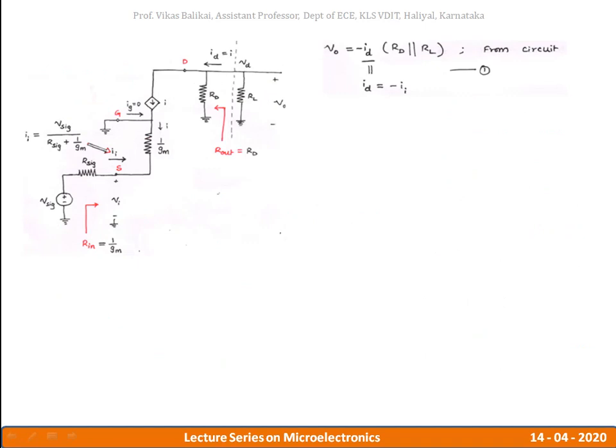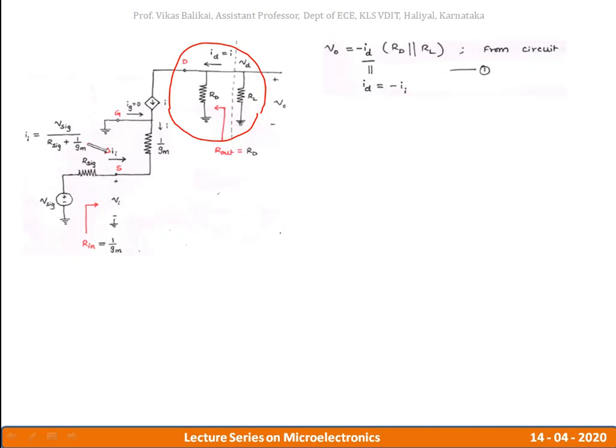The output voltage is taken across the load resistance, and along with the load resistance there is one more resistance, Rd. These Rd and RL resistances are in parallel, so this entire parallel combination acts as my output resistance, and the current flowing through these resistances will be my output current.